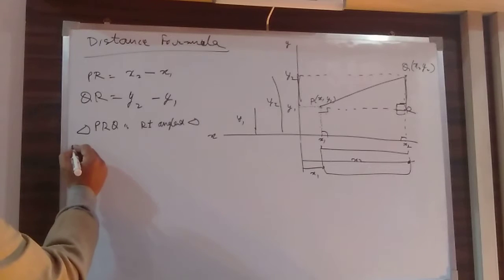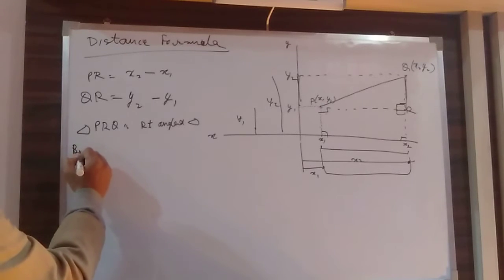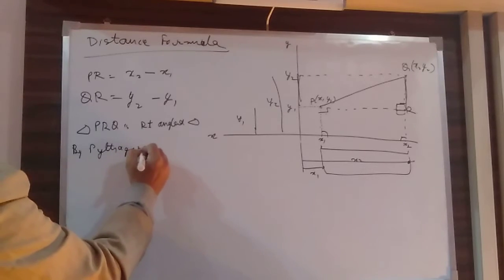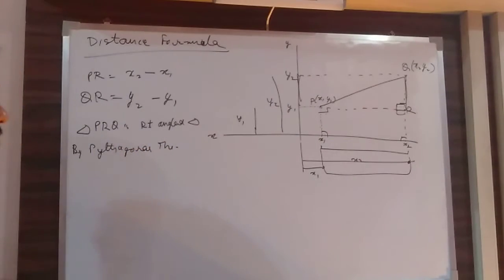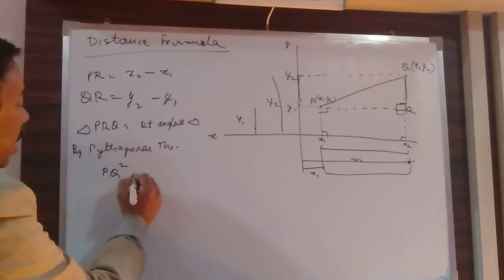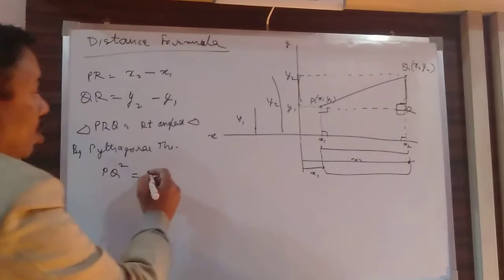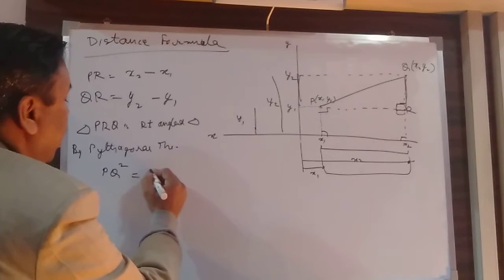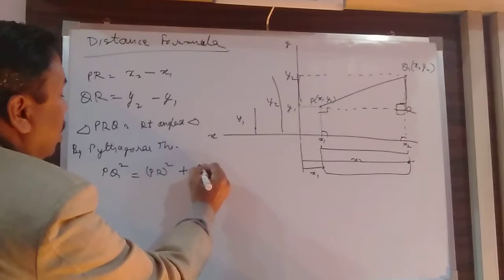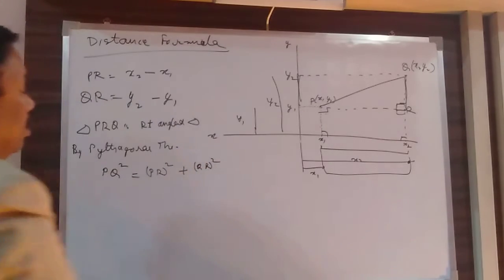So by using Pythagoras theorem, what I get is PQ square is equal to PR square plus QR square.